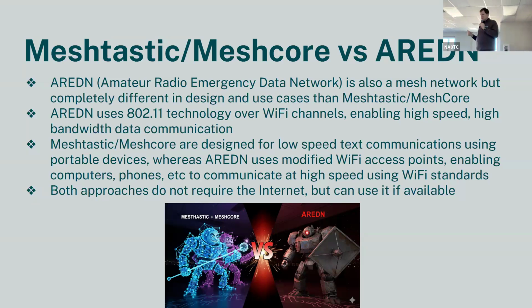If your objective is just to send text messages like, hey, I'm alive, then Meshtastic is going to be the quickest, easiest, and cheapest way to do it. And as I mentioned, both approaches do not require the internet, but can use it if it's available. So in both cases, it can serve as a way to extend those networks while still maintaining the resiliency. If the internet were to go down, it would still work.